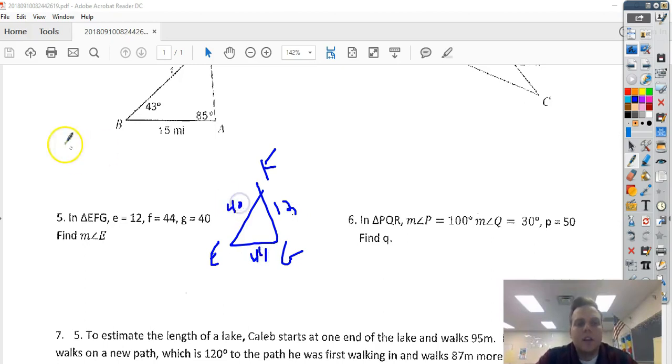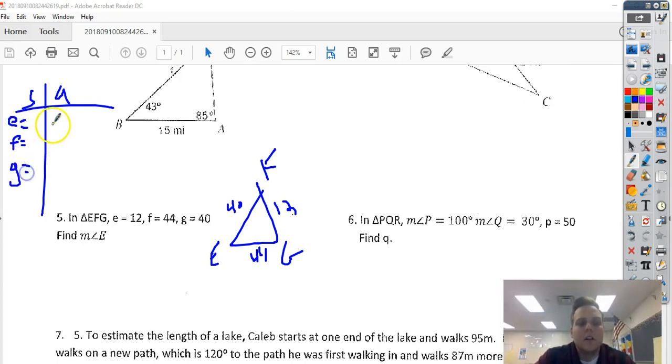There's no way of knowing if this is a right triangle or not. We usually say A, B, C, but they've given us E, F, and G this time, but it means the same thing. Little e is 12, little f is 44, little g is 40.